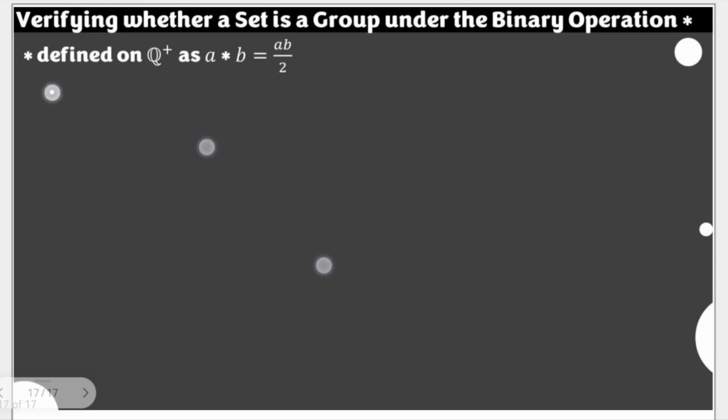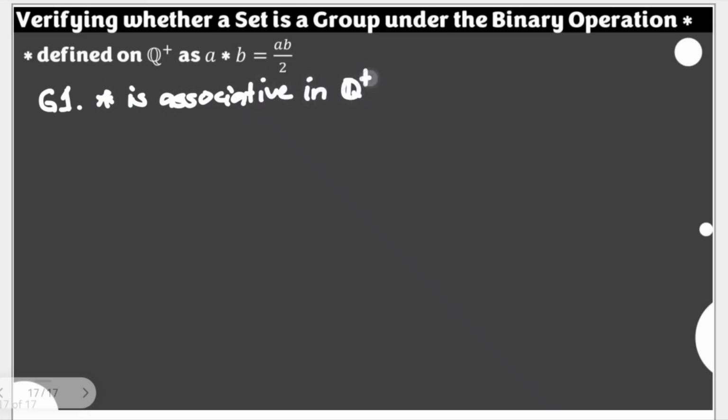So for G sub 1, we need to establish that the operation star is associative in Q plus, or the set of positive rational numbers. And if we can do that, then of course we will proceed to G sub 2.